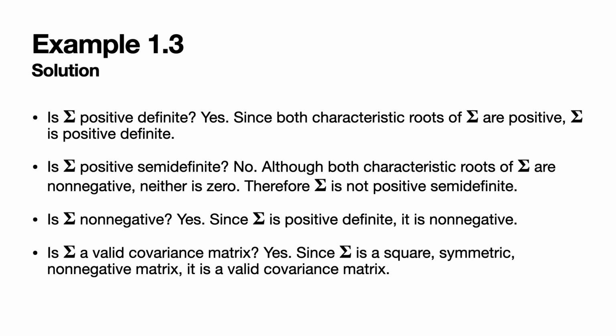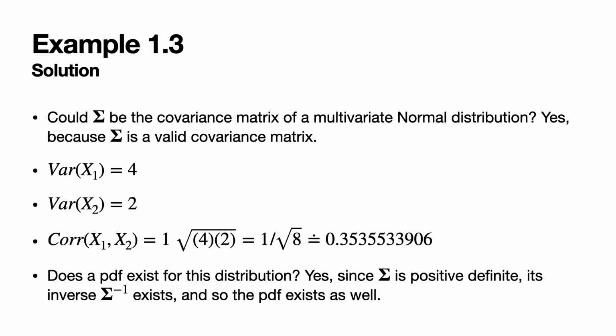Is cap sigma a valid covariance matrix? Yes, it is. Because cap sigma is a square, symmetric, non-negative matrix, it is a valid covariance matrix. Could cap sigma be the covariance matrix of a multivariate normal distribution?